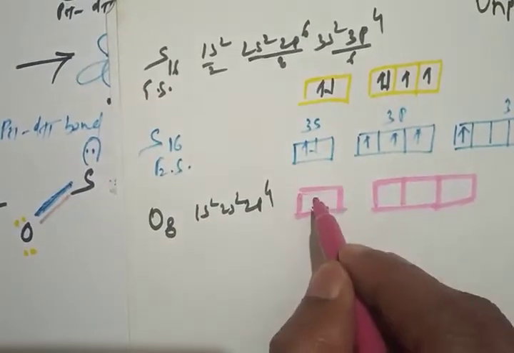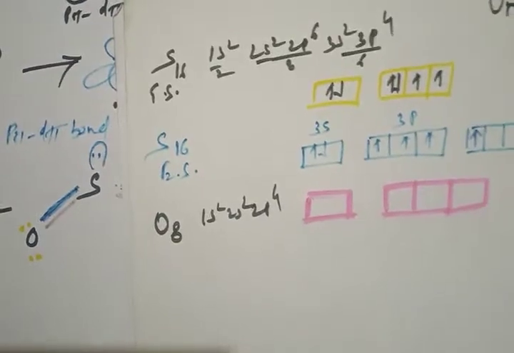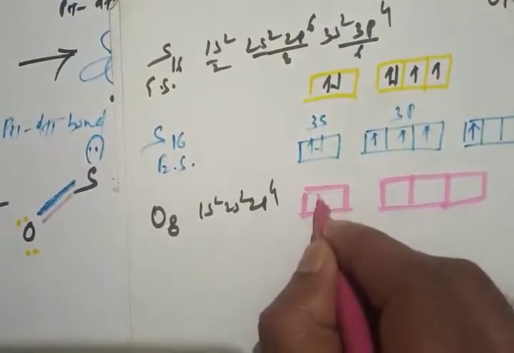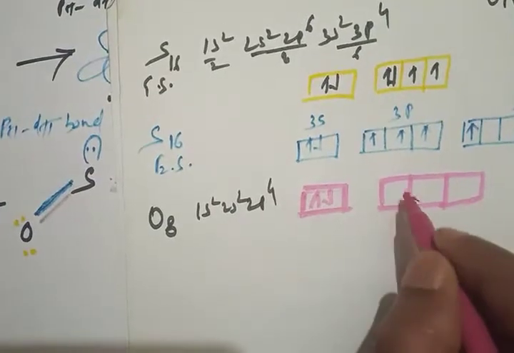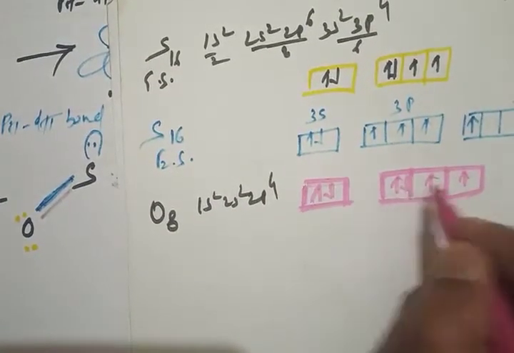So 2s2, that means we have 2 electrons of oxygen here, and 4 electrons in 2p4.